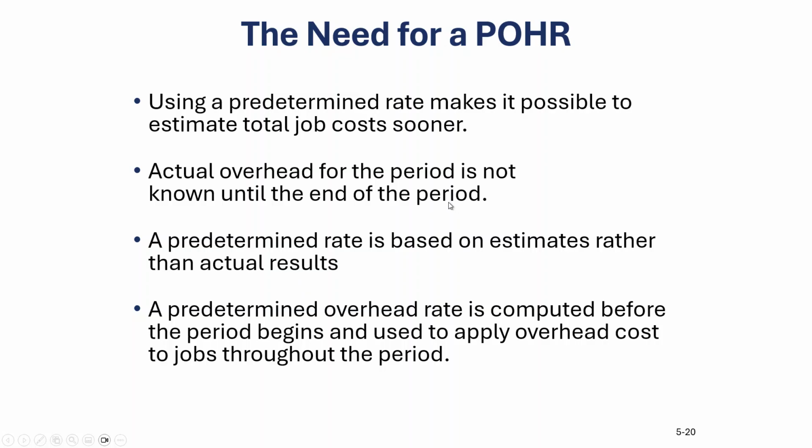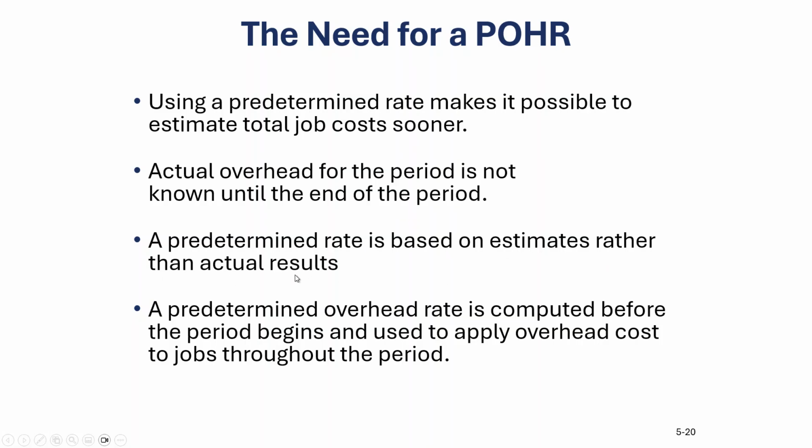You don't want to wait till the end of the month to determine the actual amount. You need to close the job and make sure your cost is allocated so you can see the profit coming in from each of the jobs. Therefore it is important to determine that in advance.